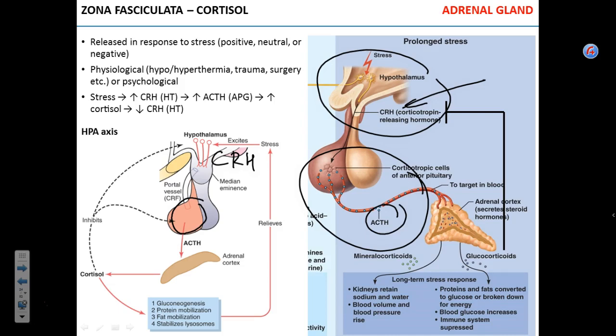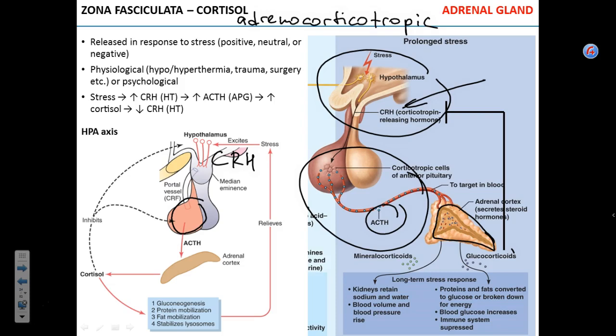That's a long name. Adrenocorticotropic hormone, ACTH, acts on the zona fasciculata in the adrenal cortex and stimulates the release of cortisol.